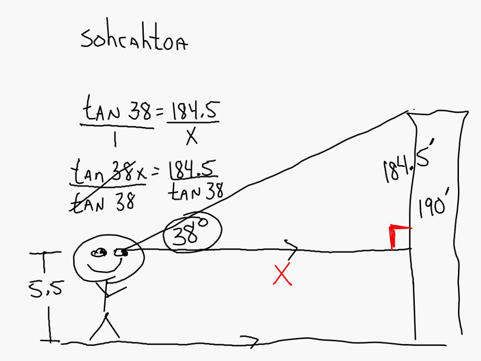These two cancel each other out, just left with the x here. So 184.5 divided by tan 38 equals, and that equals 236.15.